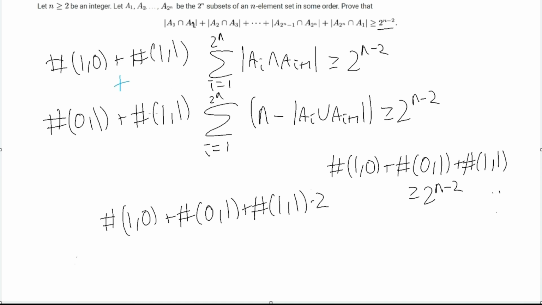We know that is greater than or equal to this one here, because this one is greater than this one. So it's 2 to the n minus 1 here. It should be 1 here. And because these two sums are equal, we know that it's greater than or equal to this divided by 2, which is equal to 2 to the n minus 2. And that's our solution. And we've solved this beautiful combo problem with basically just this.